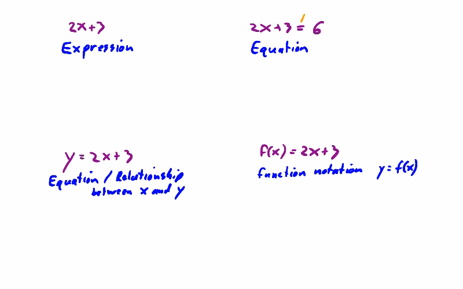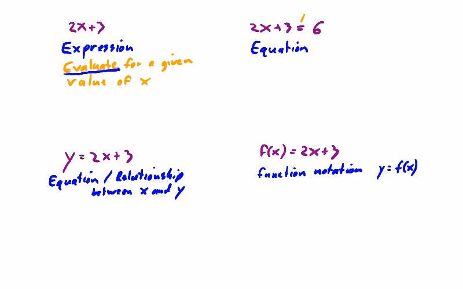When we are looking at an expression, the key thing is that we can evaluate an expression for a given value of x. The key word is the verb that you can do with an expression: you can evaluate it.